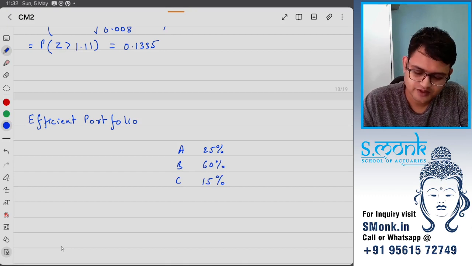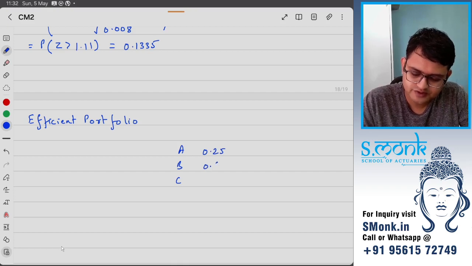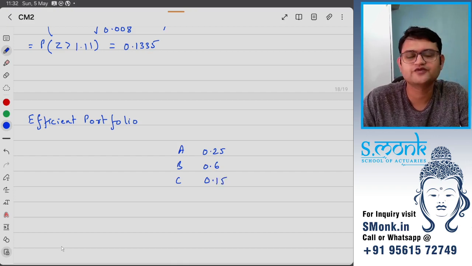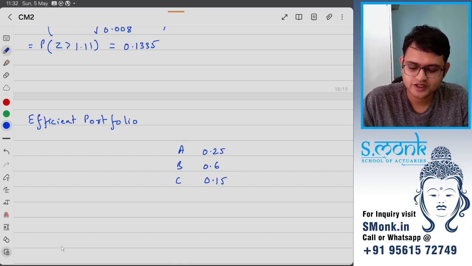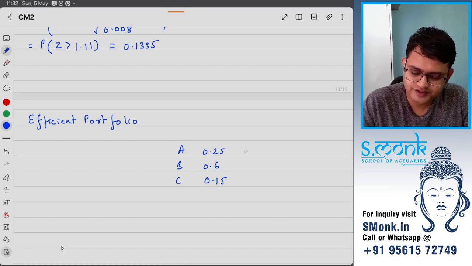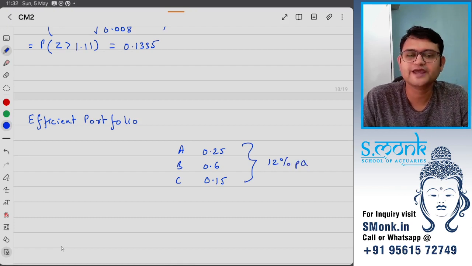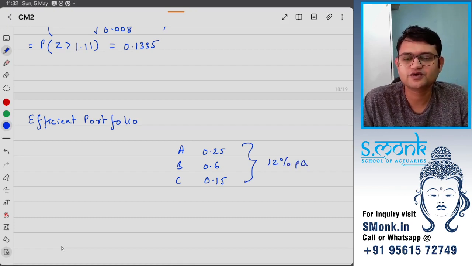Okay, instead of percentages, let us write it in fractions or decimals. This is how your investment is. They were giving you certain returns such that the average returns that you are getting is, let's say, 12% per annum. This is what you are expecting from this portfolio.